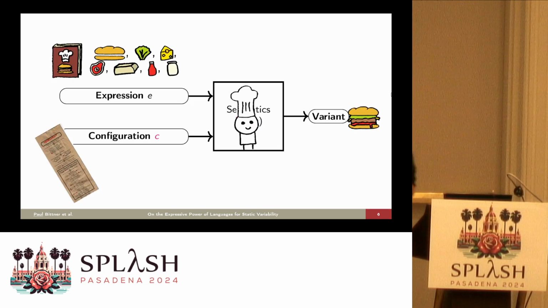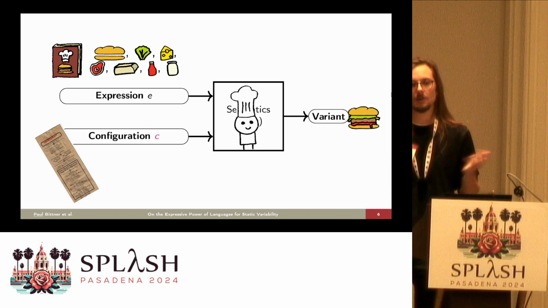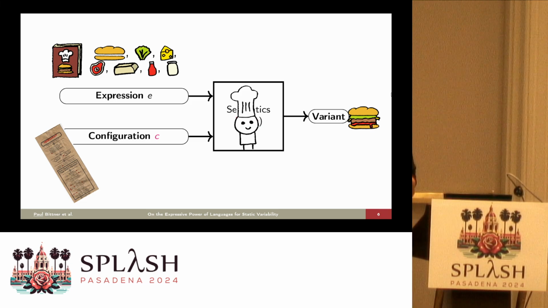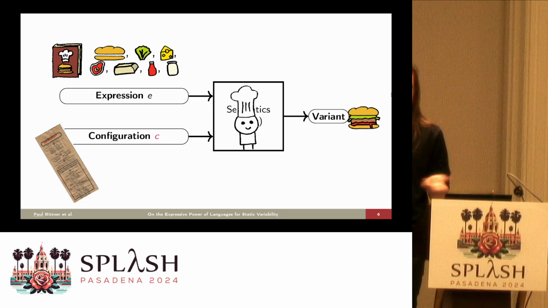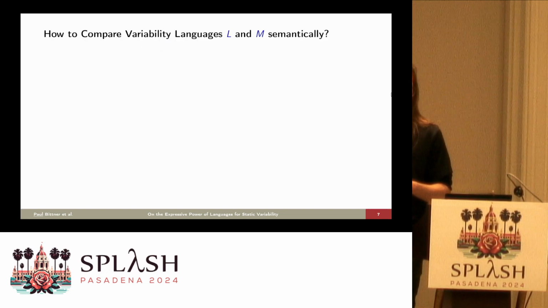In terms of our sandwich example, an expression must encode, like a cookbook, all the information we need to compose our sandwich, the ingredients to do so, and then a user can give us a configuration. The semantics is someone like the cook, who then prepares the final variant, a single sandwich, and a very particular one.